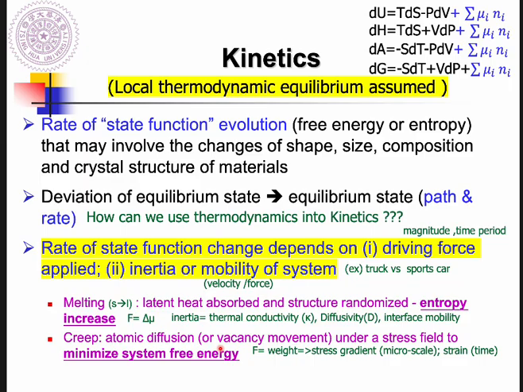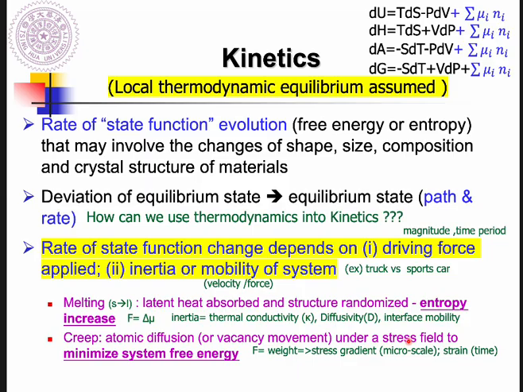So I'm giving you an example to describe when the creep happens. Simply, we can hang a weight on a metal bar, right? You hang a weight under a metal bar, and as time increases, the metal bar will get longer and longer. Because when you hang a weight, that will lead to a stress field acting on this metal bar.